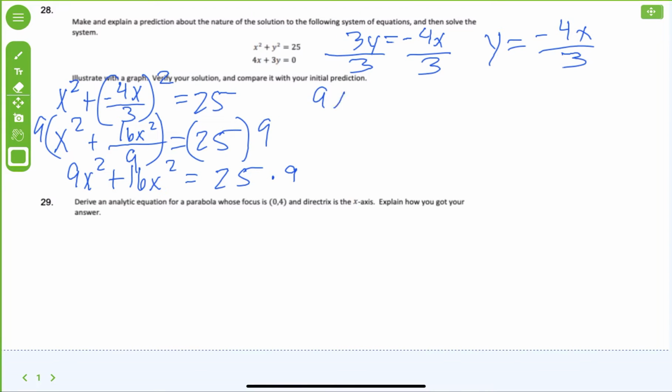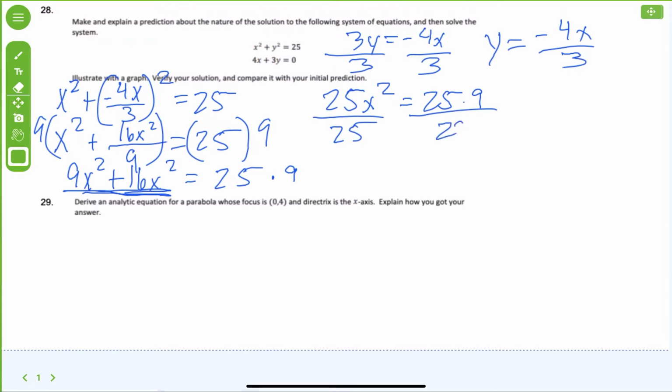Okay, so let's go with 9x squared. If we combine those, 9x squared plus 16x squared, we get 25x squared is equal to 25 times 9. Okay, so if I divide by 25 here and by 25 here, that's going to leave me with x squared is equal to 9.